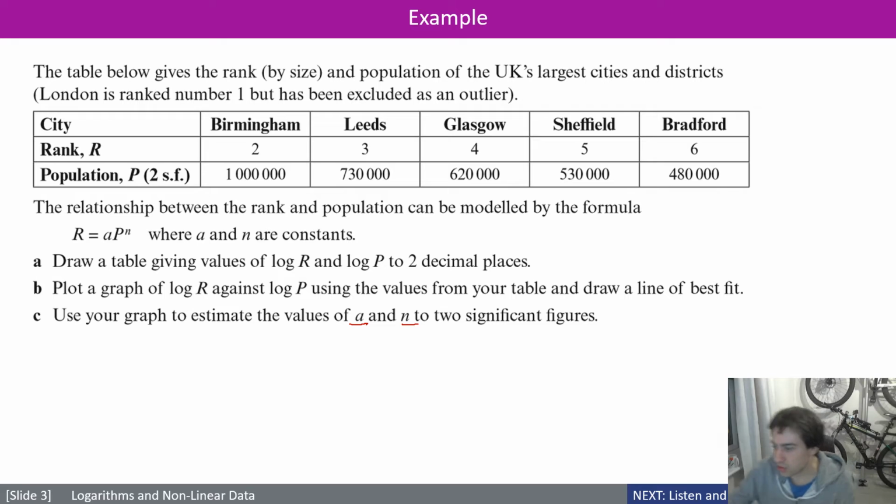Okay, so I'll grab my calculator now, and I'll fast forward time in a moment, but I'll grab my calculator and I'm going to enter the logarithm of each of these pairs. So log 2 against log a million, log 3 against log 30,000, and so on.